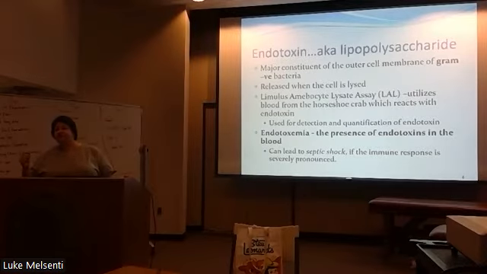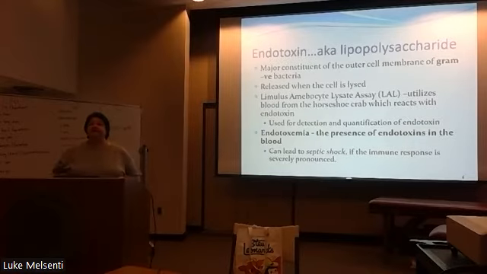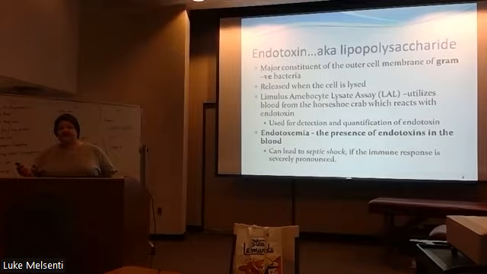Endotoxins. Okay, endotoxins are also called lipopolysaccharides. It's a major component of the outer cell membrane of gram-negative bacteria, and it's released when the cell is broken up. Okay, I've heard some of this in the news lately about endotoxins. Limulus amebocyte lysate assay.